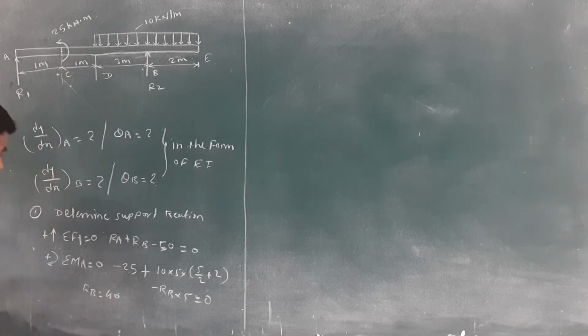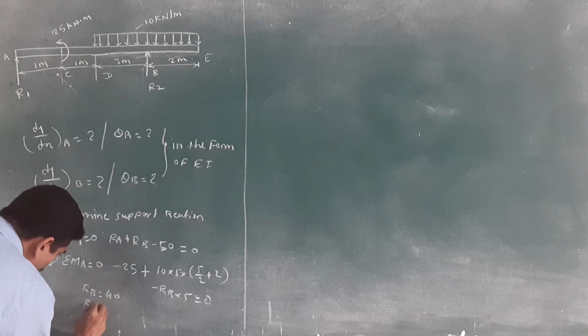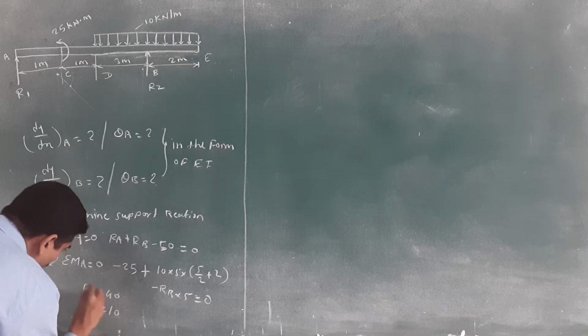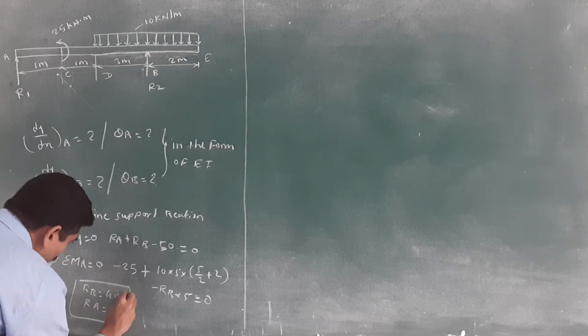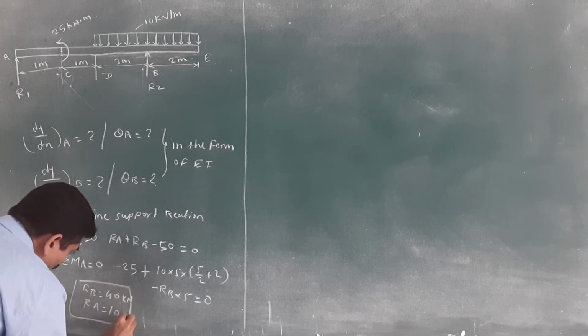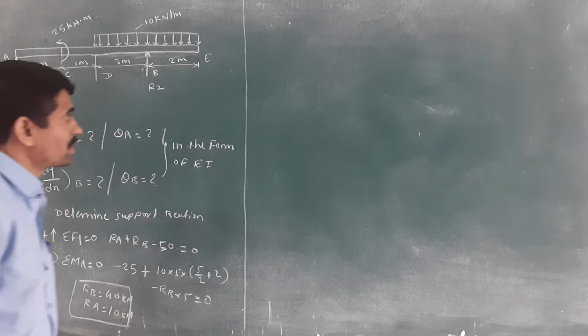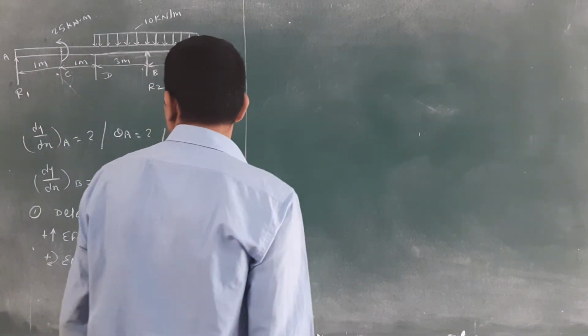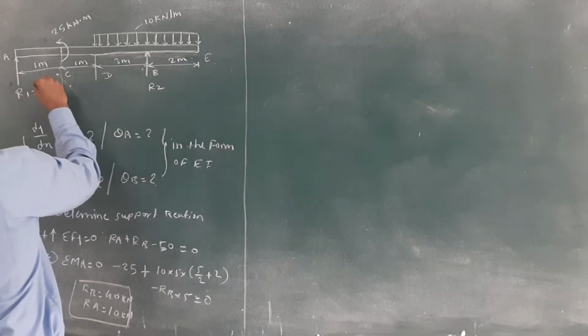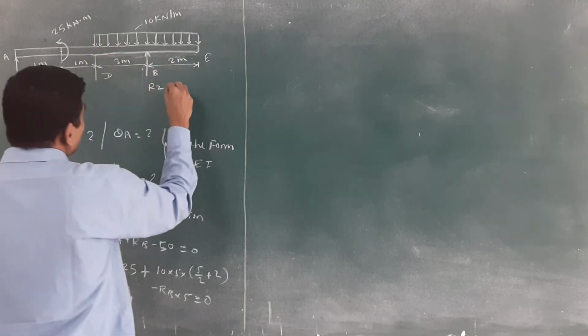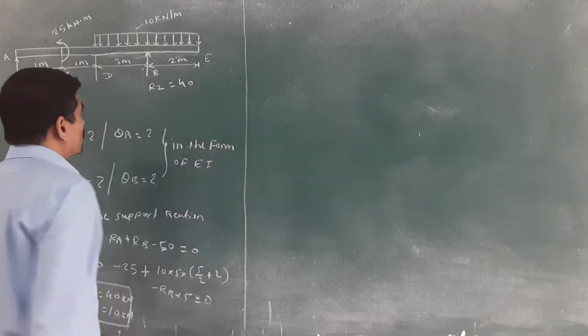If you put this value in the equation, you will get RA equal to 10. This is in kilonewton. So R1 is 10 and RB is 40.